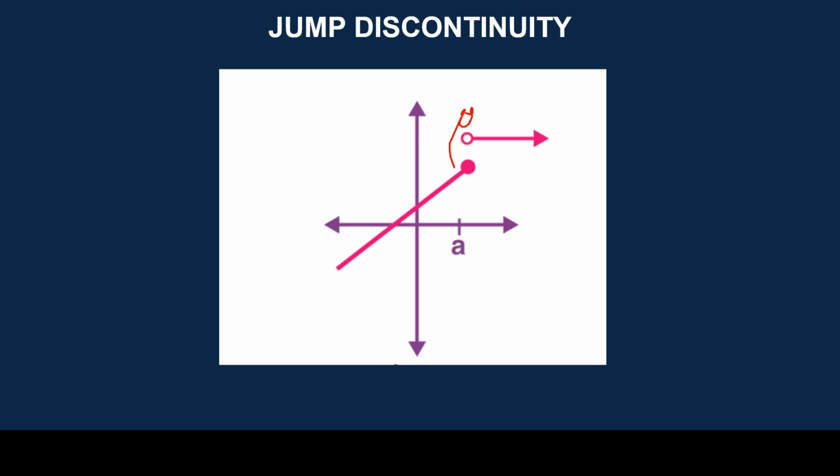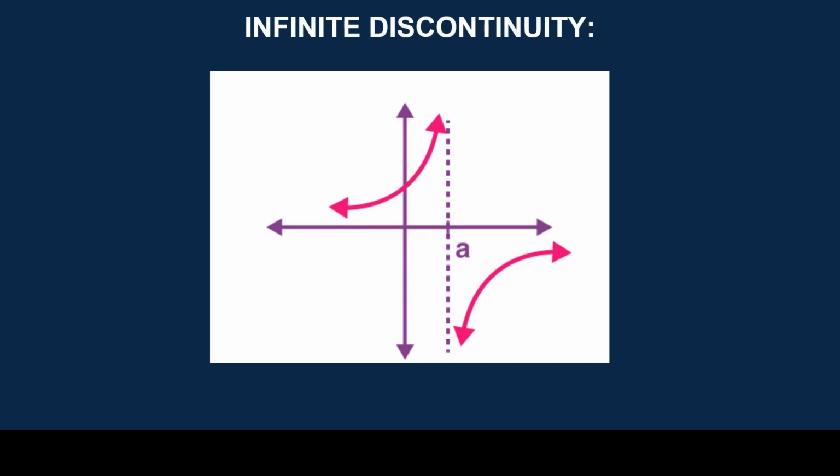An example of this is a piecewise function that has a jump. And the third one is infinite discontinuity. This occurs when the function approaches infinity at a certain point, meaning the limit does not exist. An example of this is a function that has a vertical asymptote.